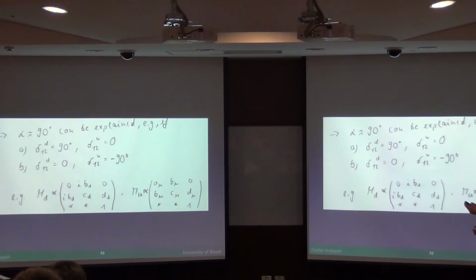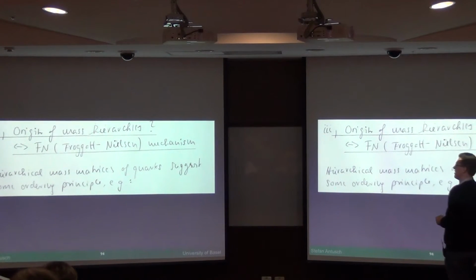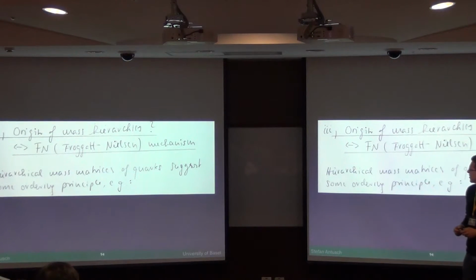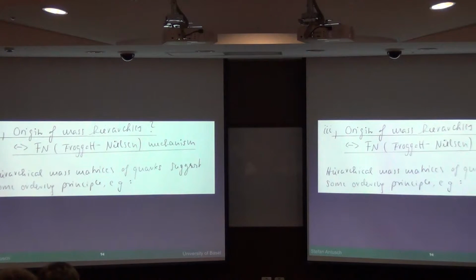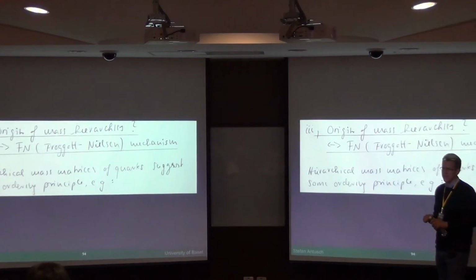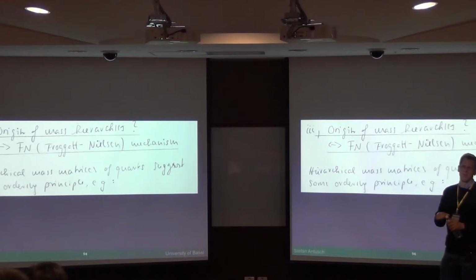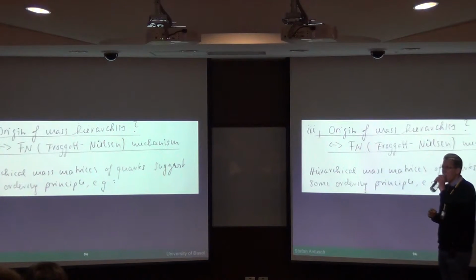Okay, the next thing, which we've already touched on yesterday, is this question where the mass hierarchies in the quark sector are coming from, and this goes under the name Froggatt-Nielsen mechanism. And as we've seen from the data we discussed yesterday, we have some quite strong hierarchy in the mass matrices of the quarks, so just some kind of ordering principle. And how you could do this is actually the following.